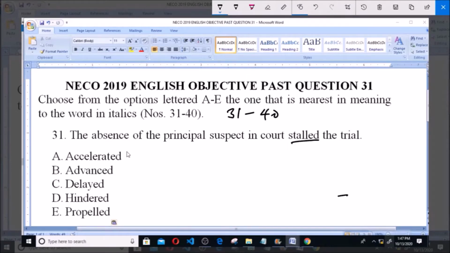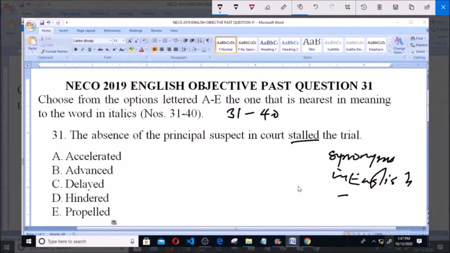And so this question is coming from what we call synonyms in English. The sentence says the absence of the principal suspect in court stalled the trial. The absence of the principal suspect in court stalled the trial.